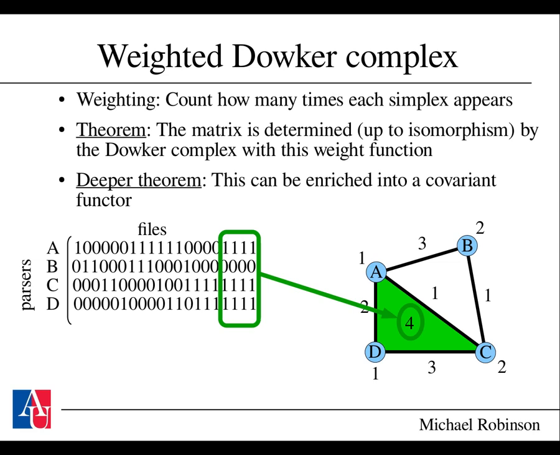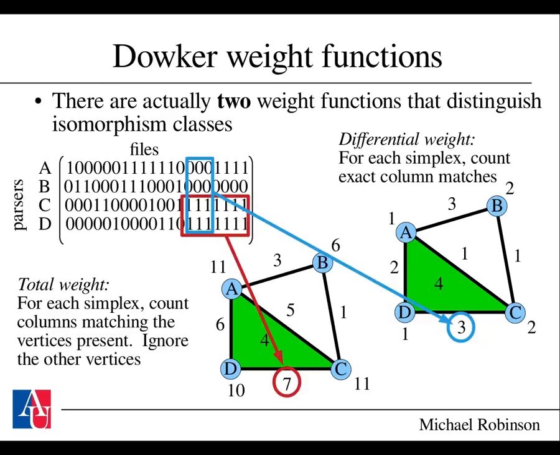So that's pretty handy. And actually a much deeper theorem, which I'll outline by construction, is that this can be enriched to a covariant functor. So you get functoriality all the way, but not with the labeling. And part of the reason for that is there are actually 2 different ways you might do this labeling. You can keep track of the exact matches, as I just showed you. That yields what I'll call the differential weight.